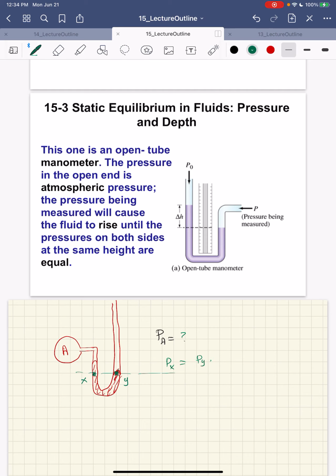There is another one related to the barometer. I want to move it here. There are two problems that I think are misplaced. Let me have them here.